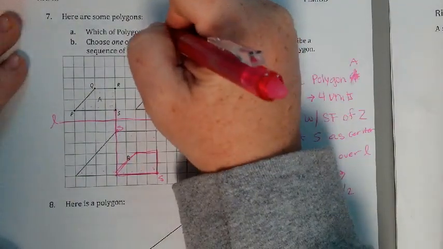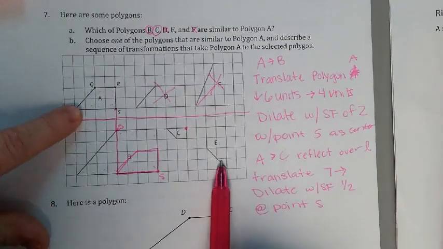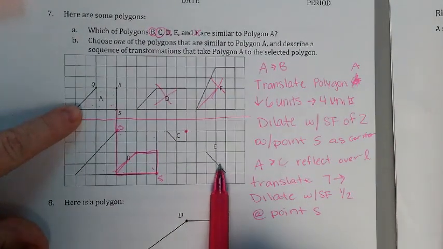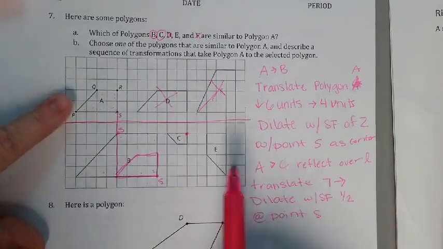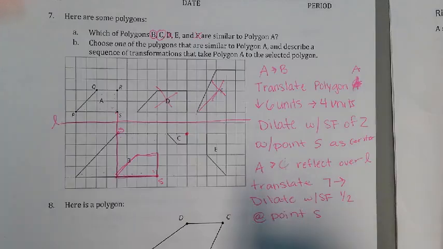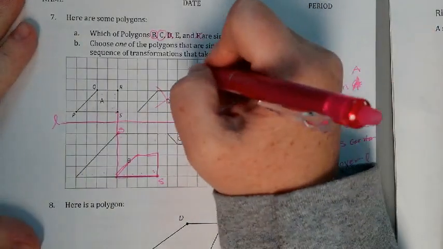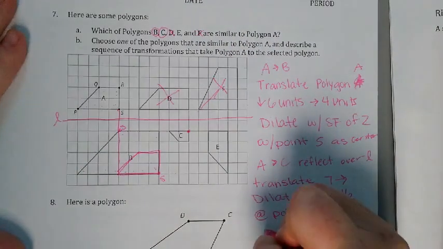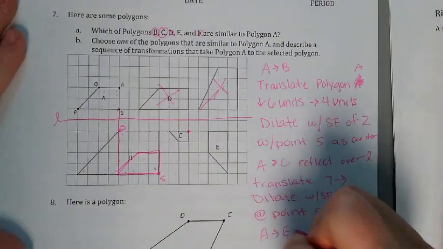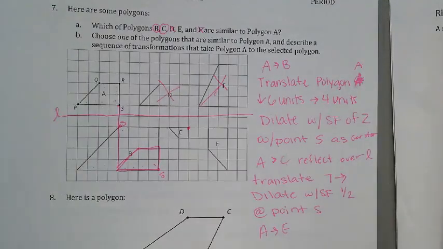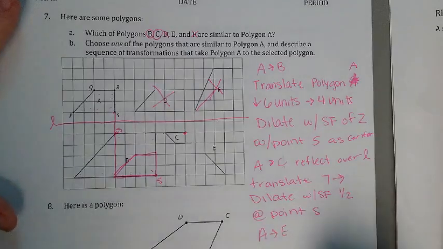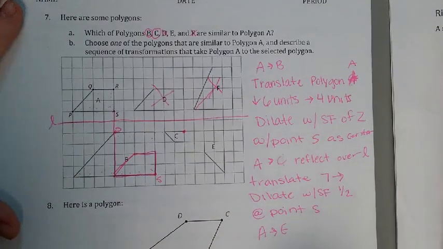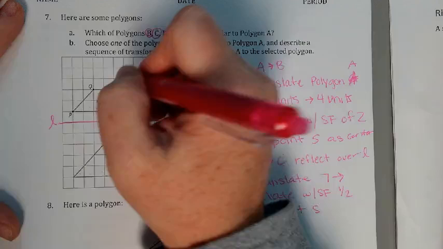E. E looks to be the exact same size. So you could have gotten patty paper, but you might not have. So A to E is a rotation. If you had patty paper, you could have done a guess and check to find your point of rotation. So let's see.